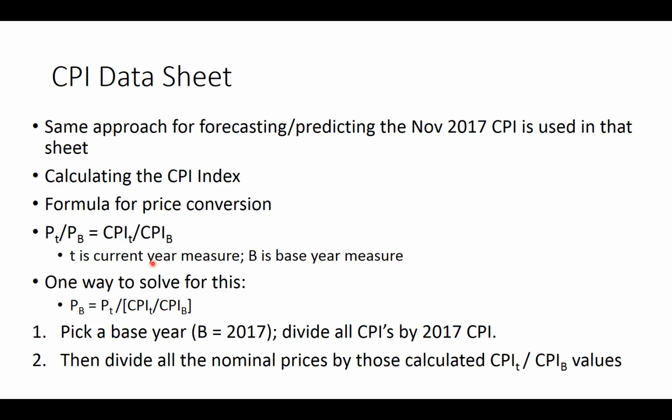Okay, so T is sort of this current year, B is the fixed or the base year. If you're going to measure something in 2017 dollars, then B is going to be equal to 2017.